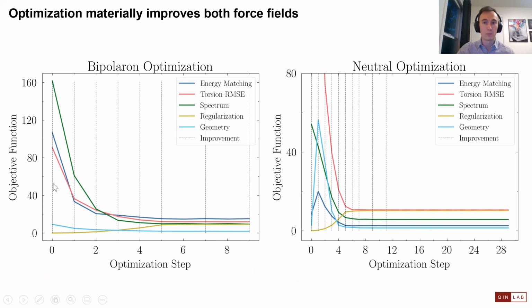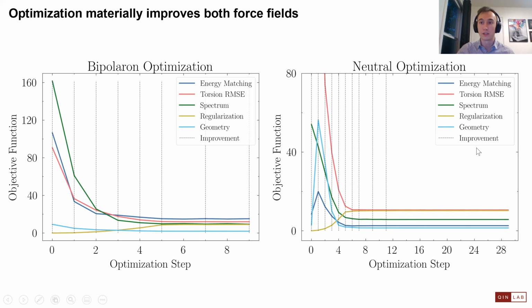What I have here are 2 different plots, one for the bipolaron and neutral case. On the y-axis, we have the objective function, which is a linear combination of the individual loss functions for each type of training data. And we can see that both for the bipolaron and the neutral case, starting from the 0th step, which represents that of the GAFF parameters, there's a relatively quick convergence to some much lower minimum, meaning that we're doing a better job fitting the training data.